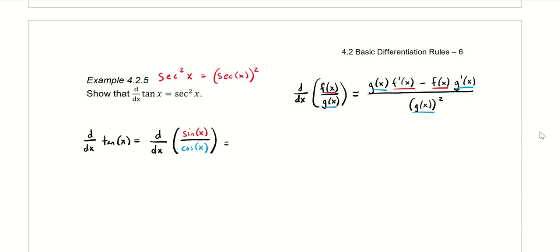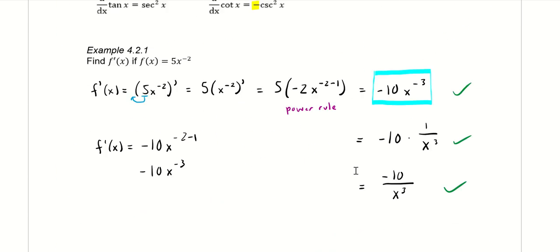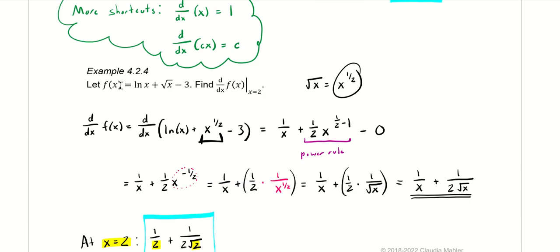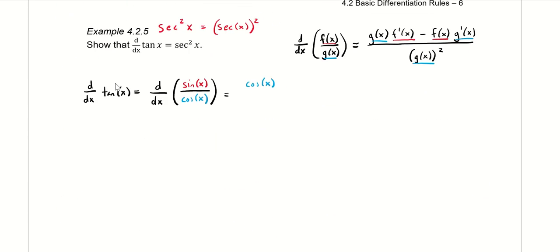So let's use our quotient rule. I'm going to take my lower function, cosine of x, times the derivative of my upper function. Derivative of sine of x is cosine of x. So I'll have cosine of x times cosine of x. Actually, let me write this in our middle step here. So I won't take the derivative yet.